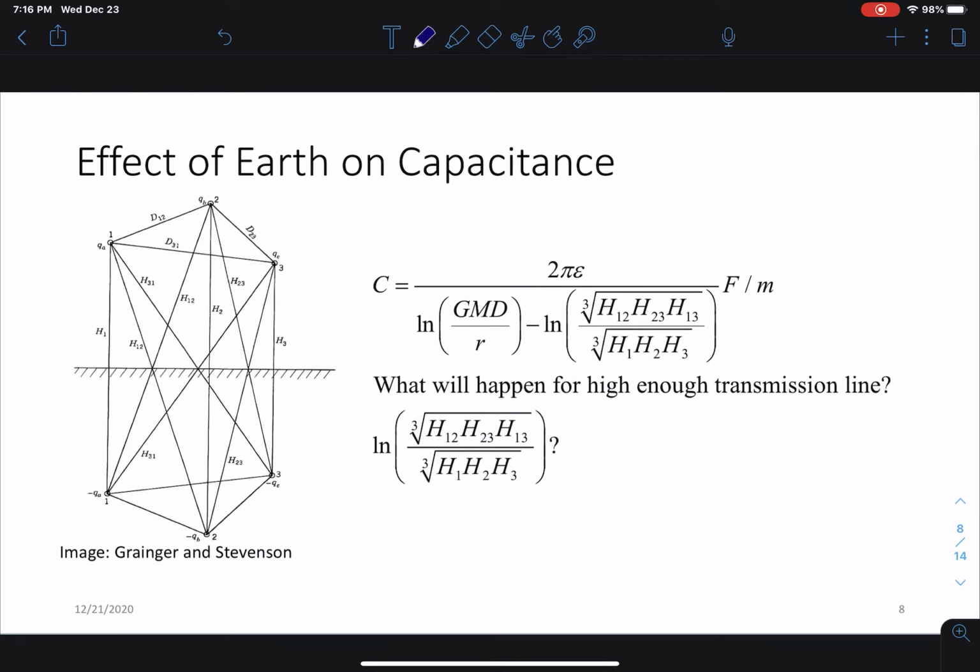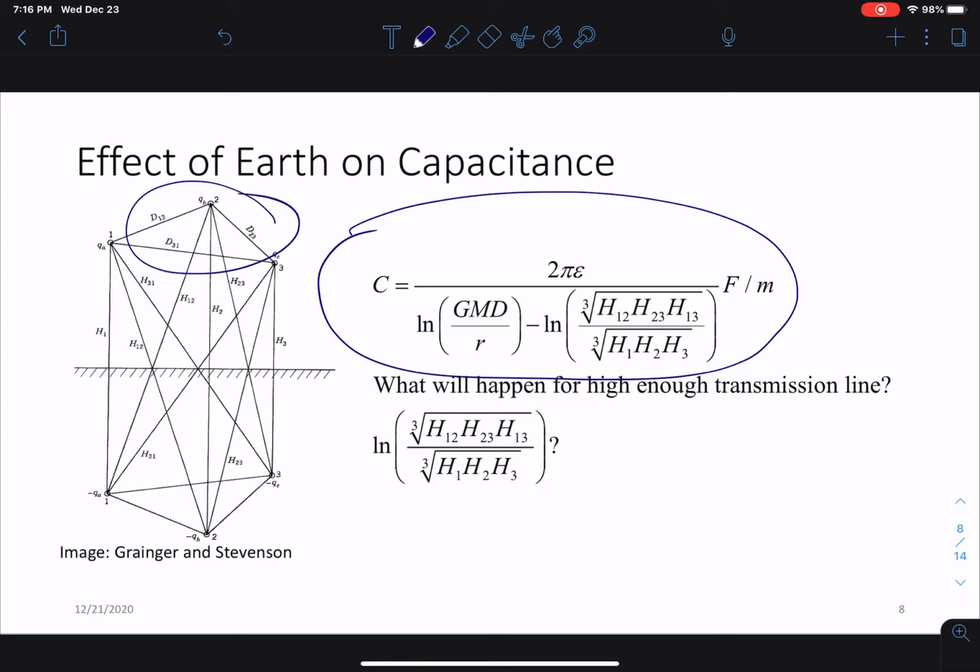Now the earth effect on capacitance: this is the equation for the earth effect. If the distance from the earth to the line is much higher than the distance between the lines, then this term becomes 0. Why? The transmission line is high enough that these values, H12, H23, H13, the geometric mean of those and the geometric mean of these should be equal to 1.